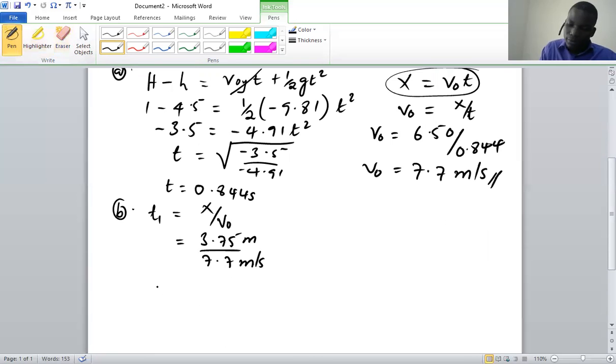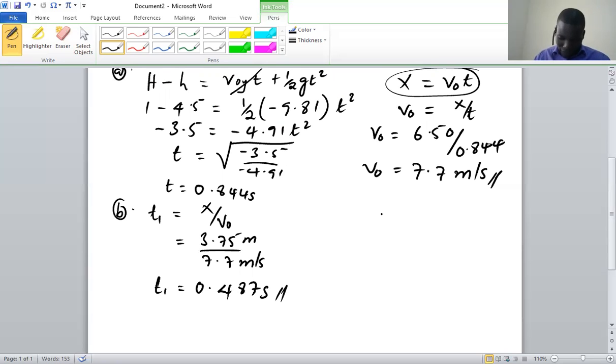So our T1, which is the time it is going to take for the 3.75 meters distance, we get 0.487 seconds.